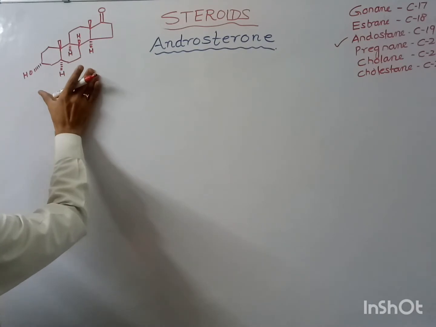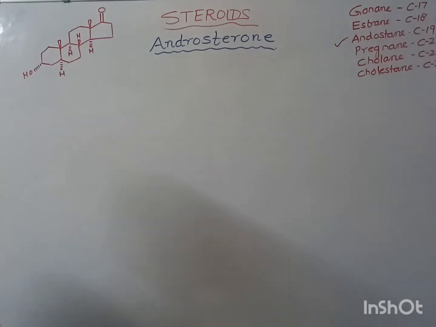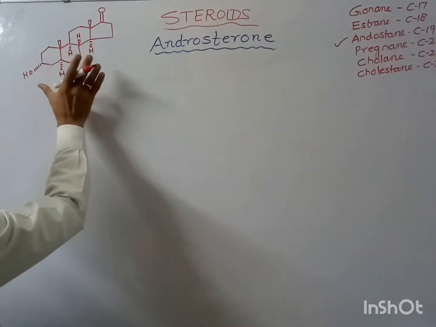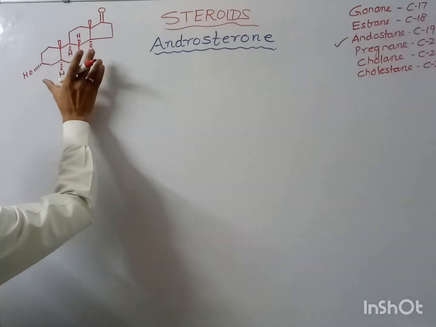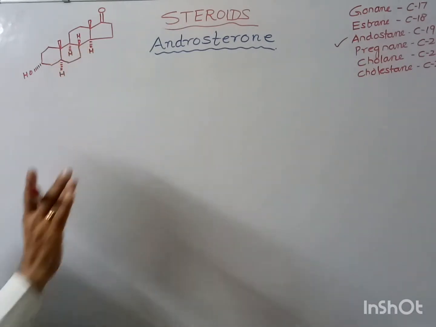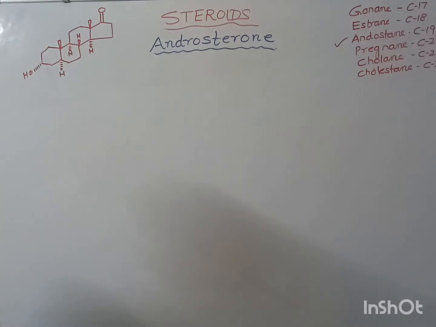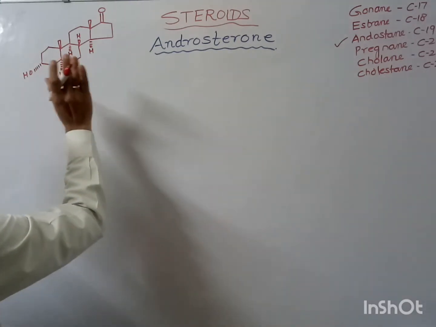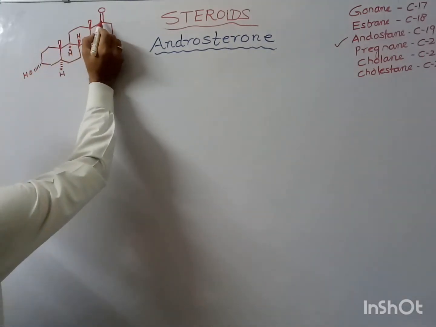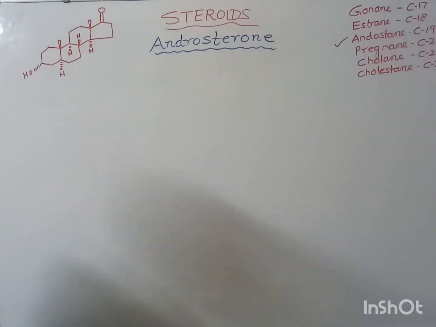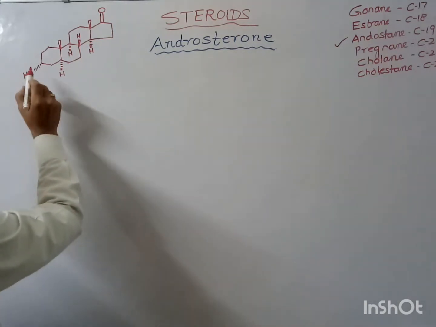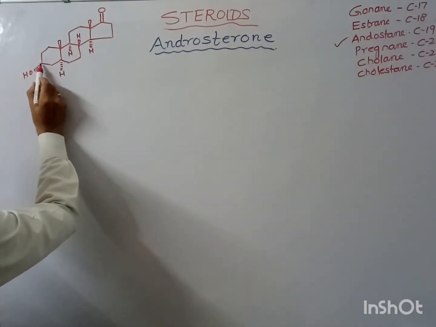Now if we see this structure, what do we have to prove in this structure? This androsterone contains the basic steroidal ring, and after this it contains the keto group at the 17th position and this OH group at the 3rd position.